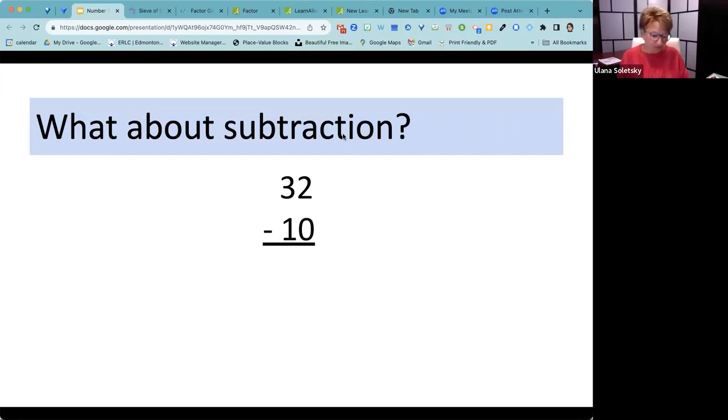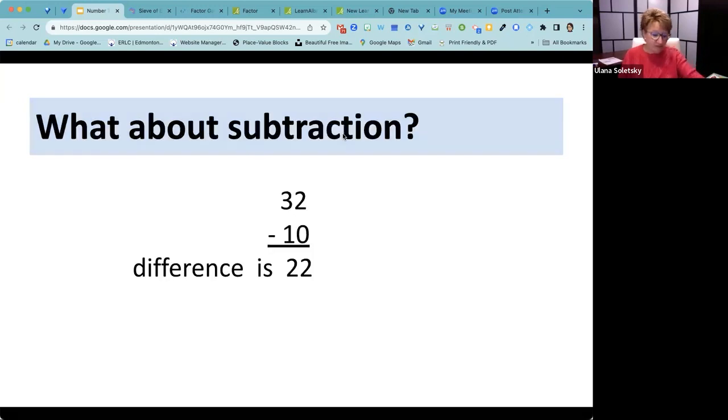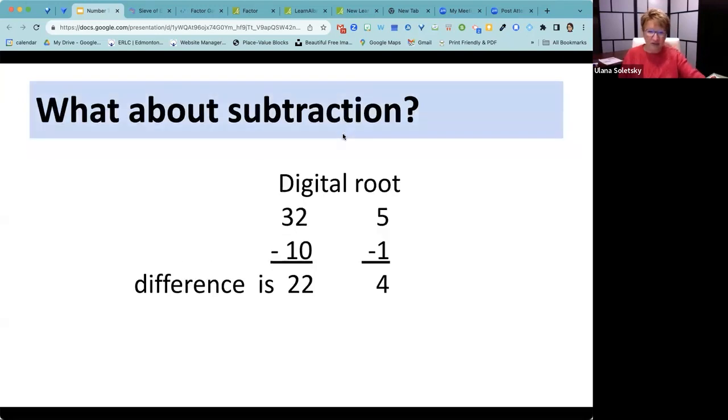What about subtraction? 32 minus 10. Well, the difference is 22. So the digital root of 32 is 5. The digital root of 10 is 1. 5 minus 1 is 4.